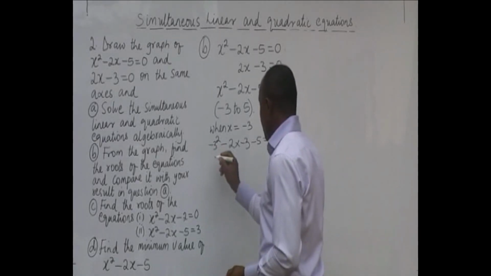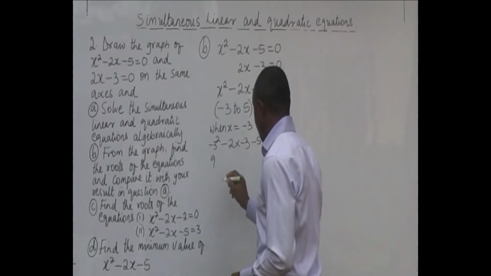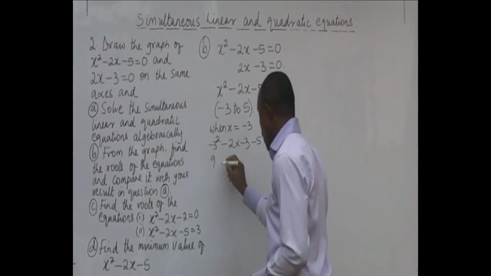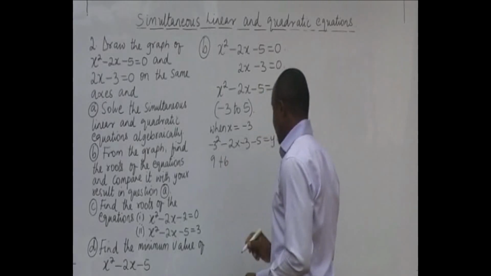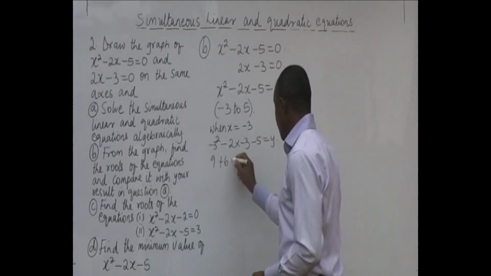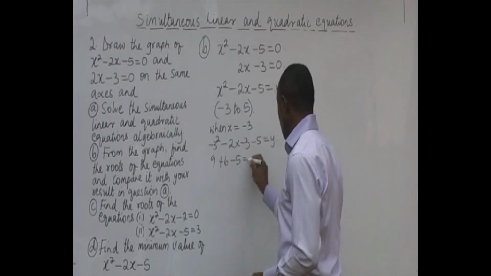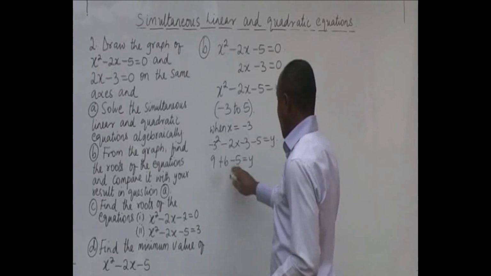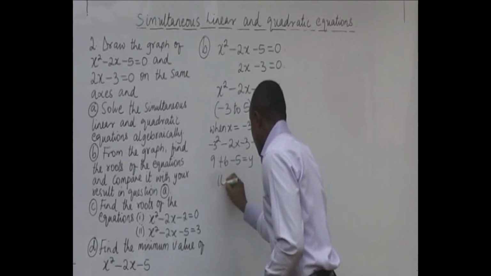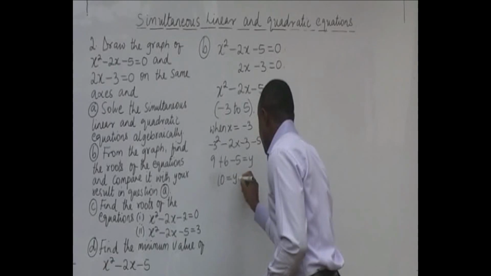Minus 3 times minus 3 will give you plus 9. Minus 2 times minus 3 will give you plus 6. Bring down minus 5 is equal to y. 15 minus 5 will give you 10. That means our y here is 10.